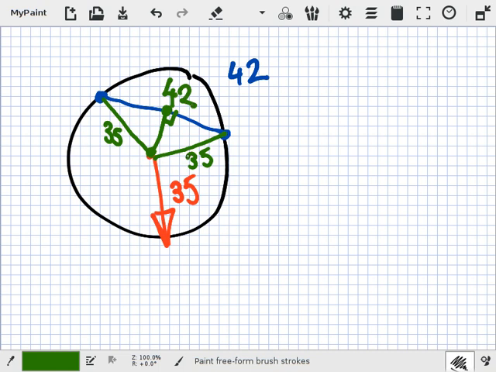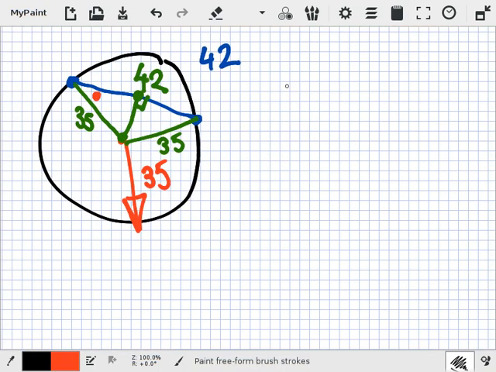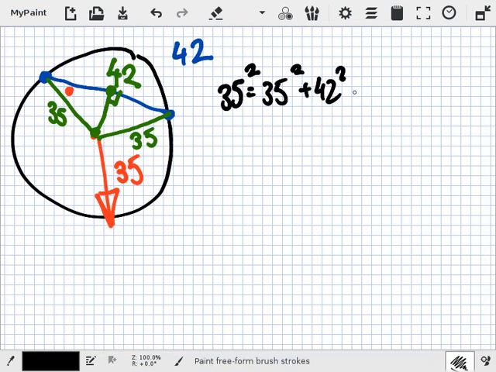You actually have 3 sides of a triangle. So you could use the cosine rule to get the missing angles. So, for example, if you wanted this angle, you could say 35 squared equals 35 squared plus 42 squared minus twice 35, 42 cos the angle.